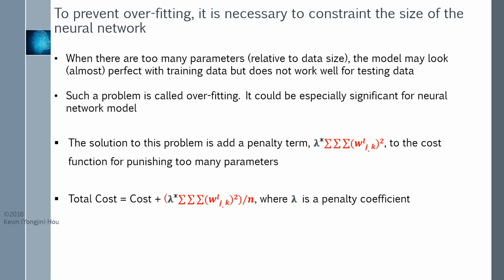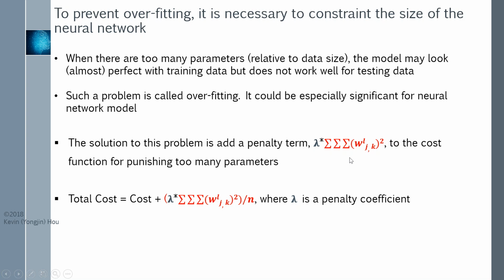As a result, the model can fit the training data perfectly, because with so many parameters you have so much freedom to match the training data exactly. But once you go beyond the training data and put a new piece of testing data into it, the model may not predict well. Such a problem is called overfitting.